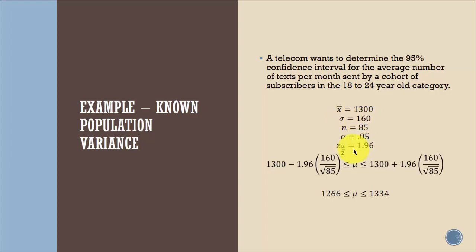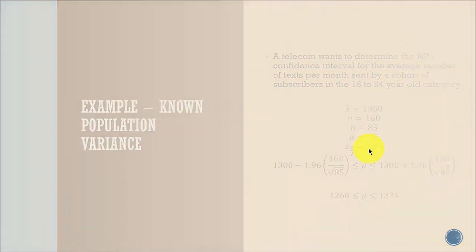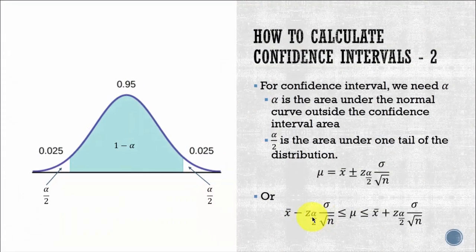So we plug in these numbers, and from the standard normal table for the 95% confidence interval, the value for Z is 1.96. So remember the formula here that I showed in the last slide, which is X bar plus minus Z times sigma divided by square root of n.